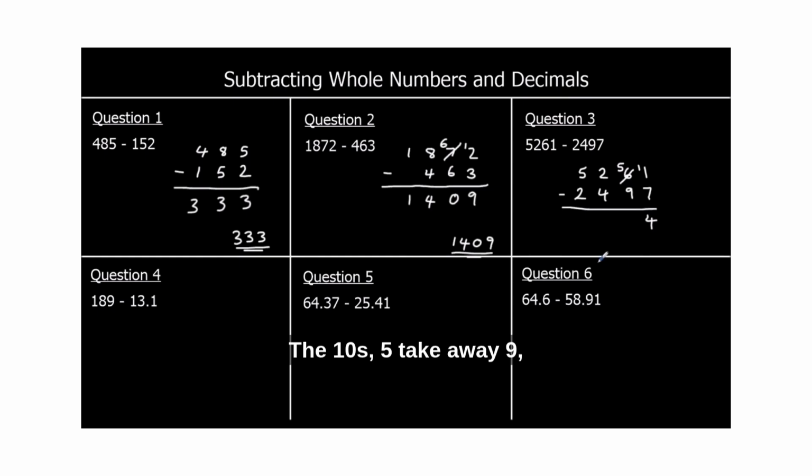The tens, 5 take away 9, I don't want to do, so I'll steal one from the hundreds, and that's worth 10 in the tens. 15 take away 9 is 6. In the hundreds, 1 take away 4, I don't want to do, so I'll steal one of the thousands, and that's worth 10 hundreds. So 11 take away 4 is 7, and 4 take away 2 is 2. So I've got 2,764.